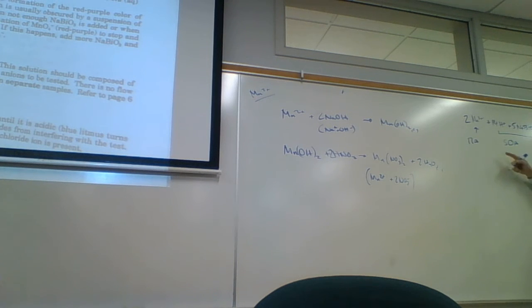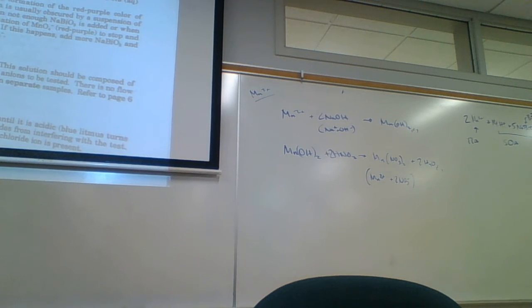What's going to happen here is the bismuth is going to oxidize. Do you know what the oxidation state of bismuth is here? Oxygen is -2. -2 times 6 is -6. Sodium's +1. So -6 plus 1 is -5. Bismuth must be +5.